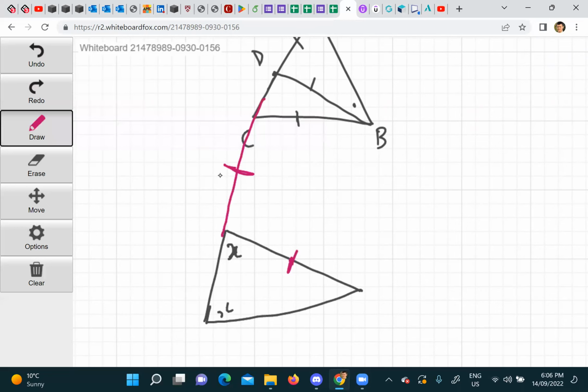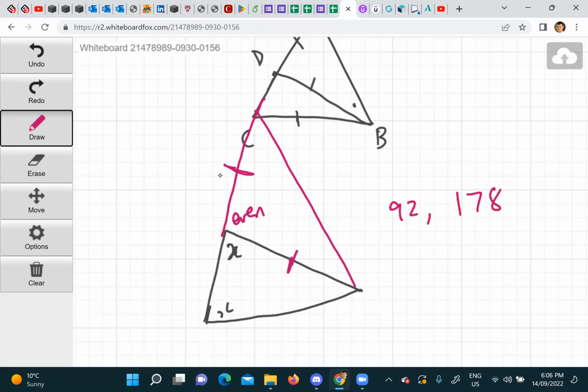And then as long as this is an even angle, then this will close up to make a triangle with integer angles. Okay, so from that you quickly realize that 92 and 178 are valid angles, right? And so the difference would have to be whatever the difference is, 86. Okay.